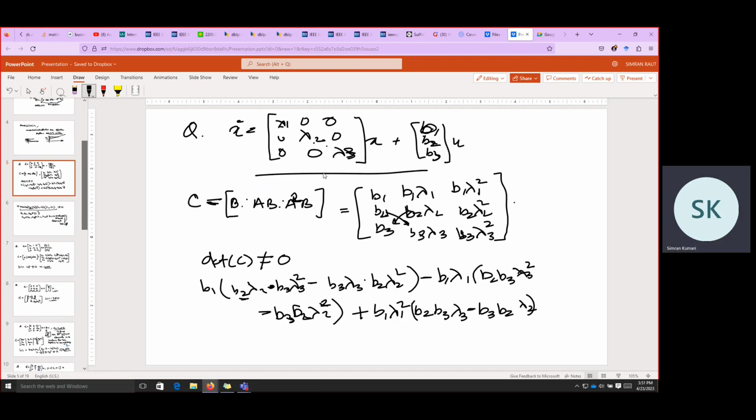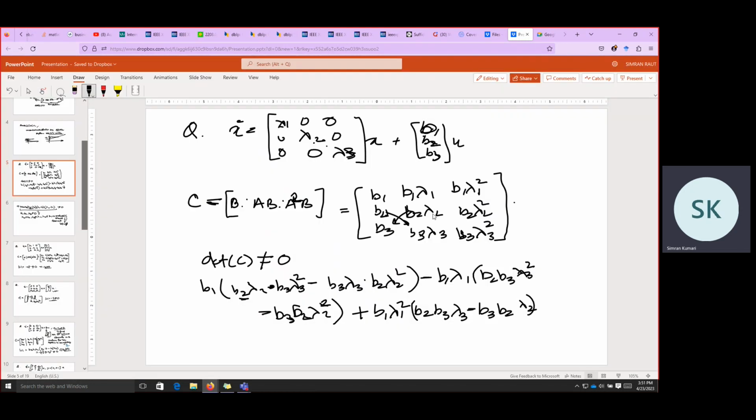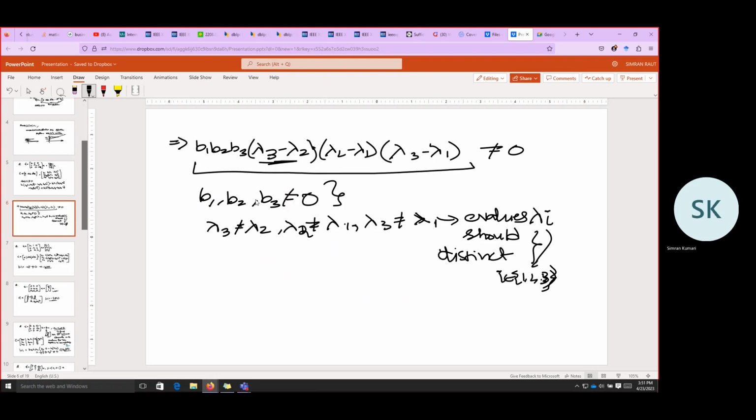We have the A matrix and this B matrix, and we said that for this to be controllable, the elements of the B matrix should be non-zero and all the eigenvalues should be distinct.